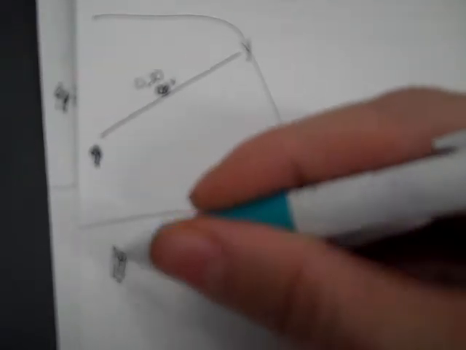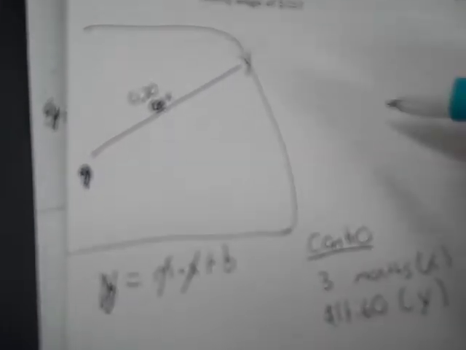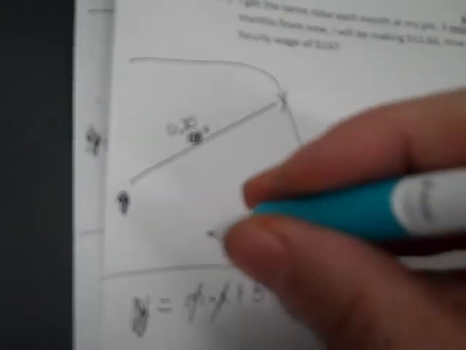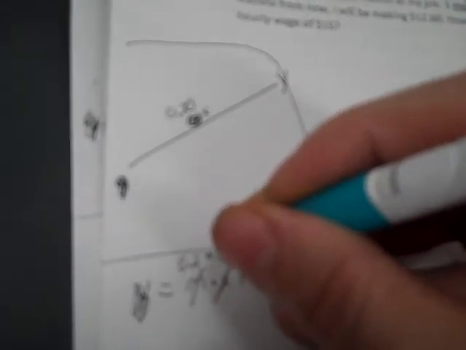So I cross out these 3 items. So my m is 0.20 or 0.2. And then my y, well, the y is 11.60. And then I dot and put 3 times 3.